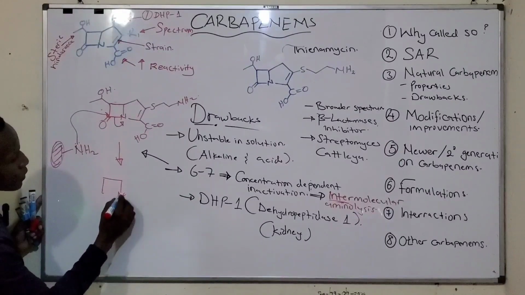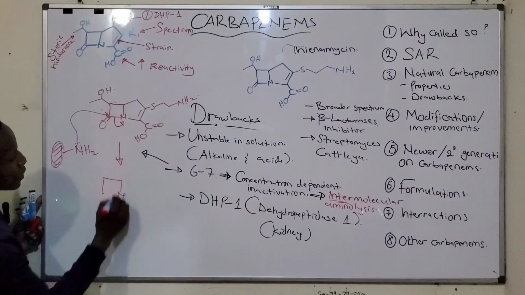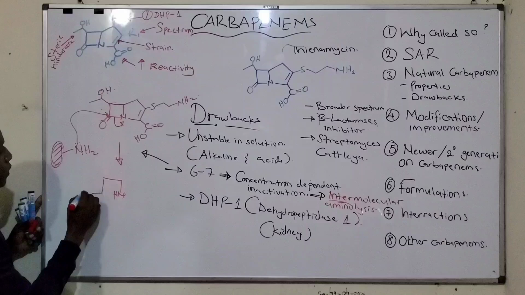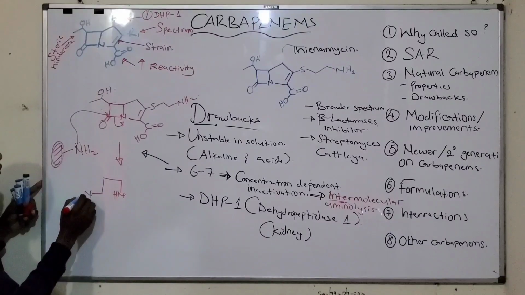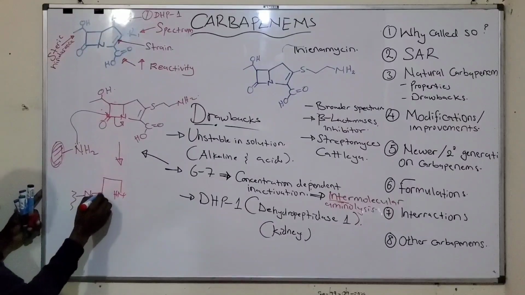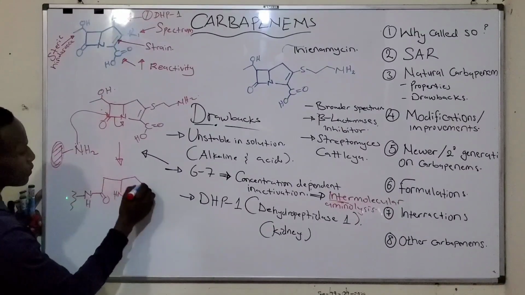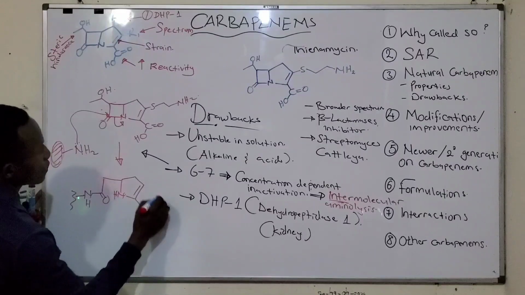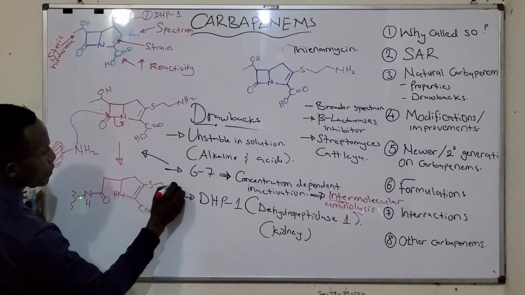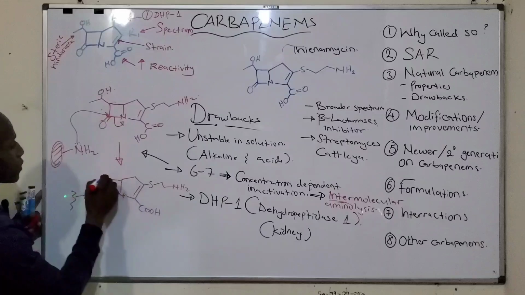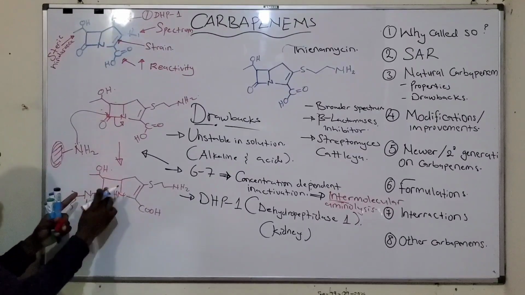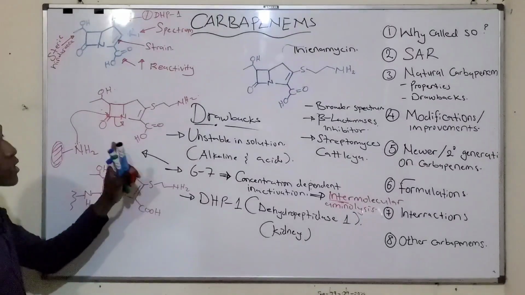So we shall have this, this is now NH with this group here. We have the NH group and this other part. The moment you open the beta-lactam ring, it means that you are inactivating the drug.